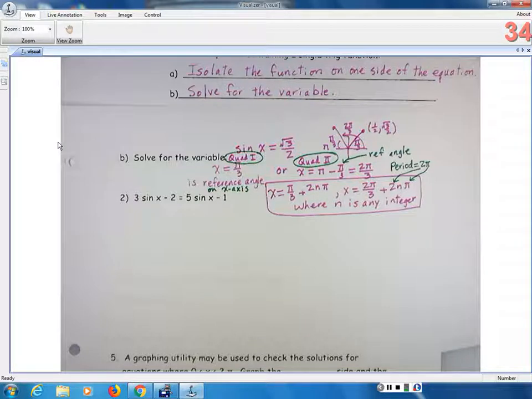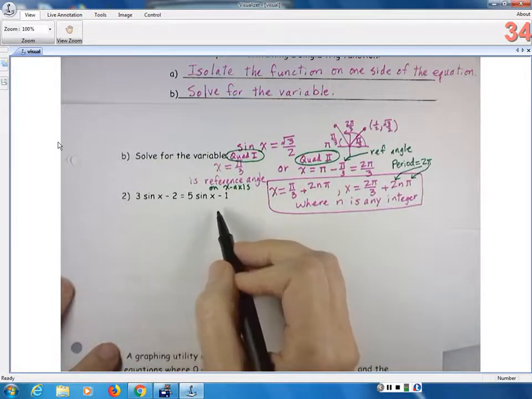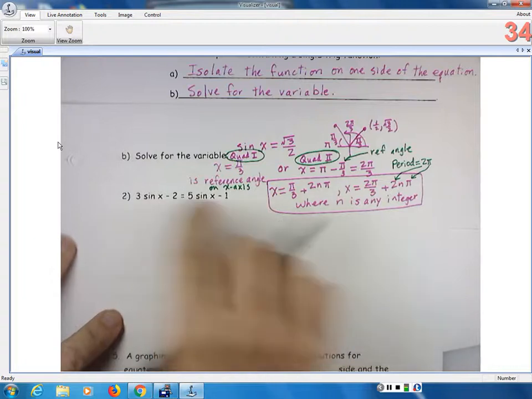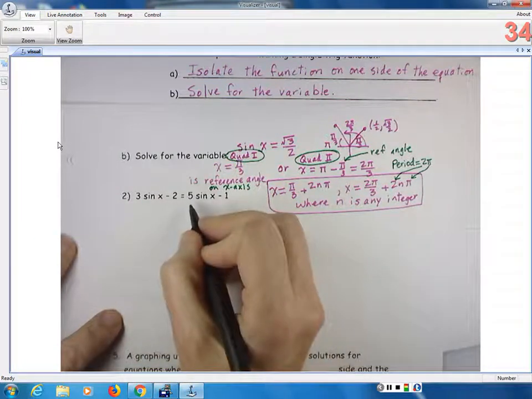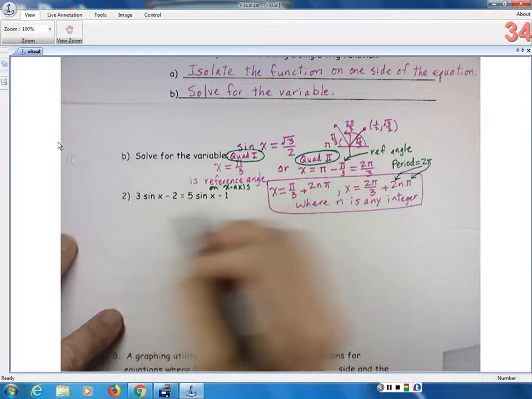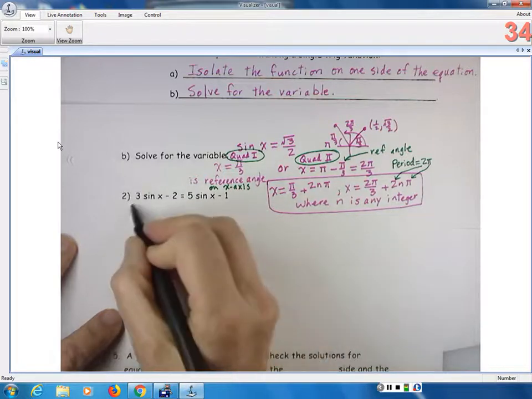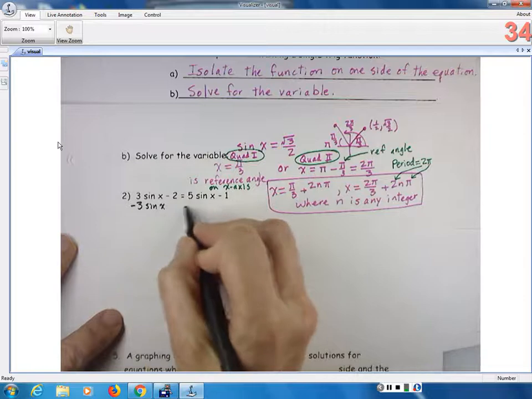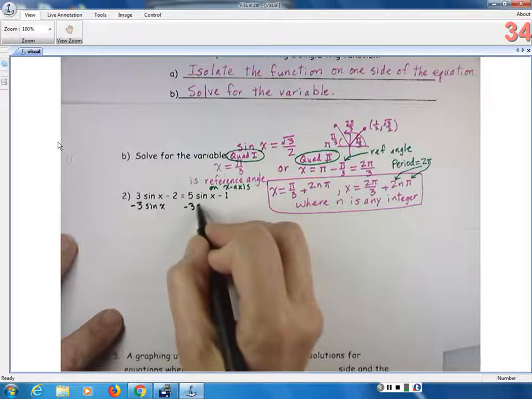Let's do it in different colors. Okay, so here's my equation. I want to get the sine by itself on one side. I decided I'd like to keep it positive, so I subtracted 3 sine x. You could subtract 5 sine x.